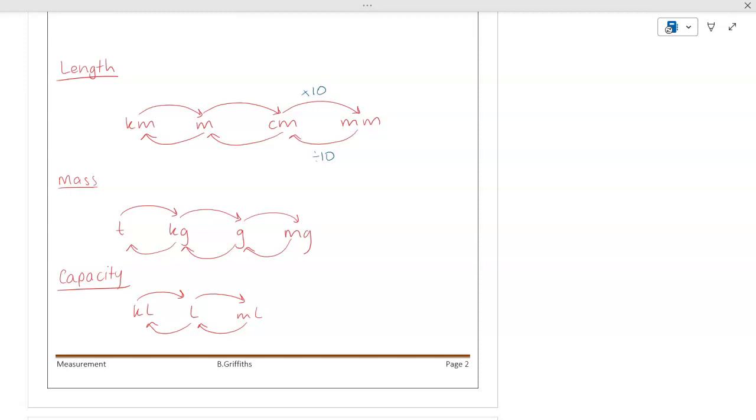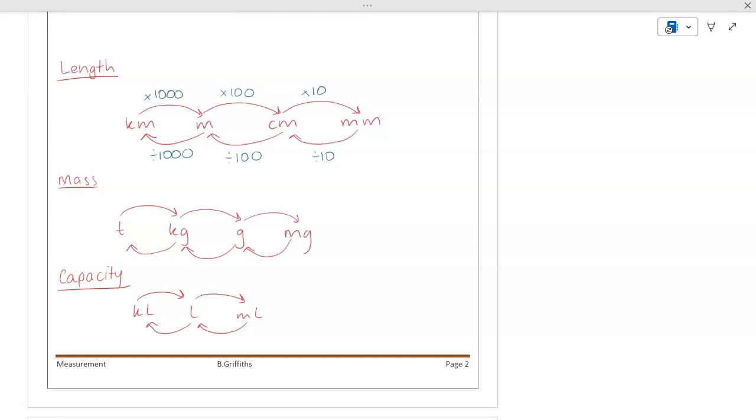Here, how many centimetres are in a metre, it's 100, so this is going to be times 100. And to go the other way, turning centimetres into metres, I would divide by 100. Metres into kilometres, we have 1,000. So to turn our kilometres into metres, I would times by 1,000, and metres into kilometres is to divide by 1,000.